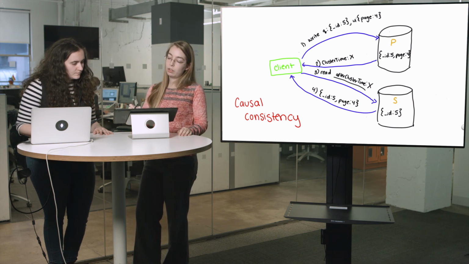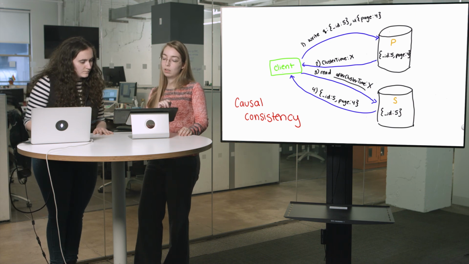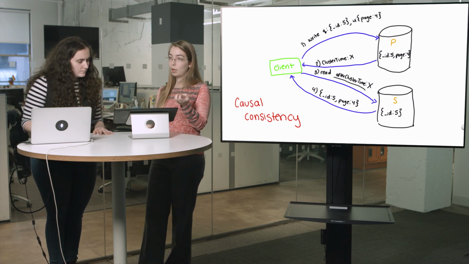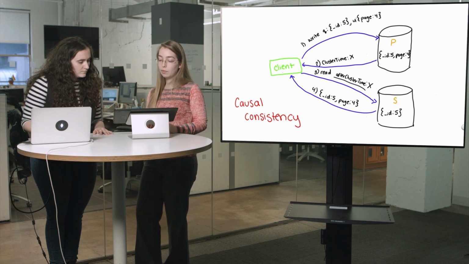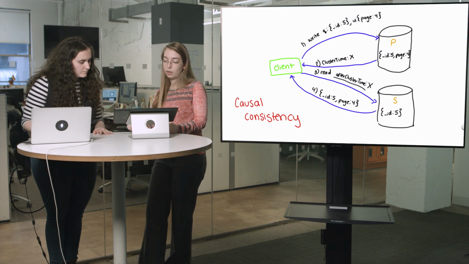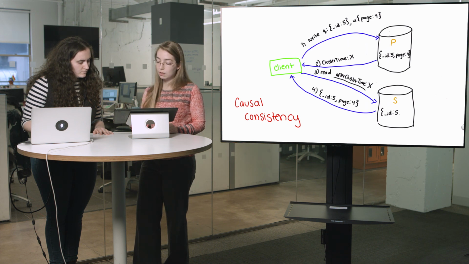That write will generate a cluster time, which will be returned in step 2 to the client. And now the client has the time of that write. So it can go to the secondary, do number 3, read after cluster time of that write to the secondary, and ensure that it'll wait for replication before it'll give you the response.